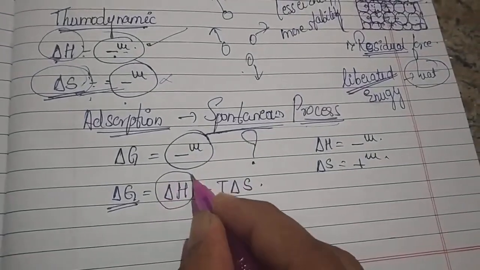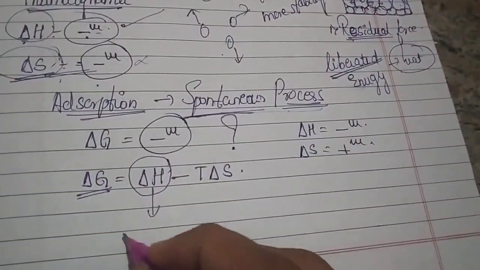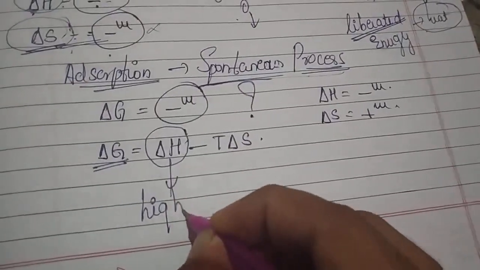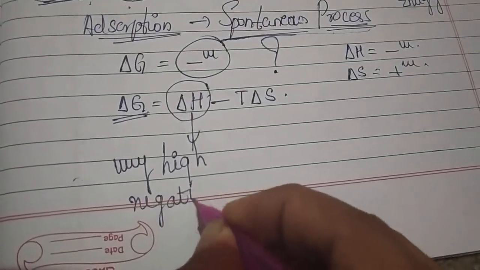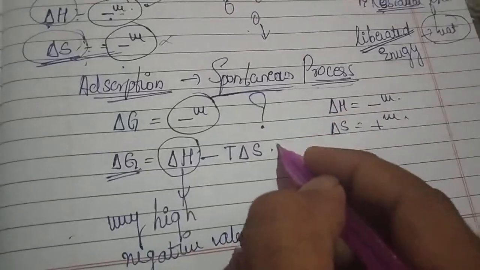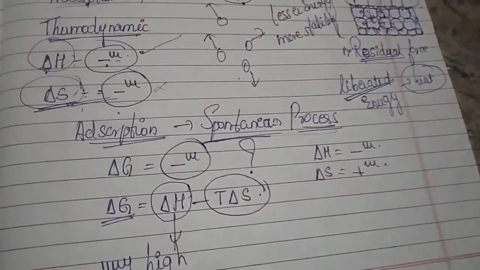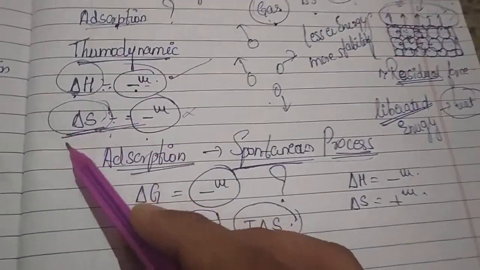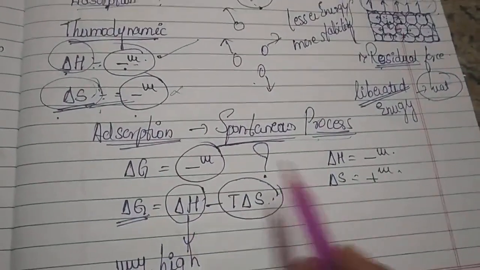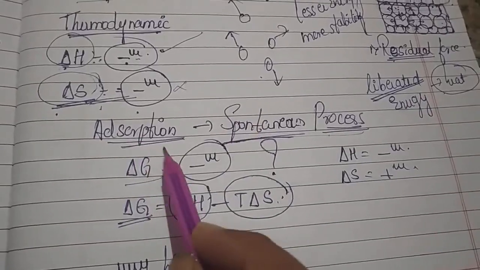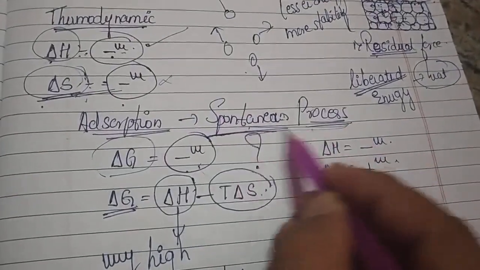Because the energy liberated is very high, a very high negative value, compared to the product of T into delta S. In simple words, your enthalpy factor and your entropy factor are balancing each other in such a way that delta G becomes negative. That is the reason adsorption is a spontaneous process.